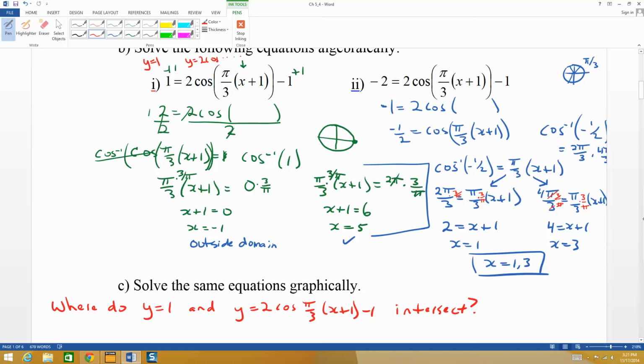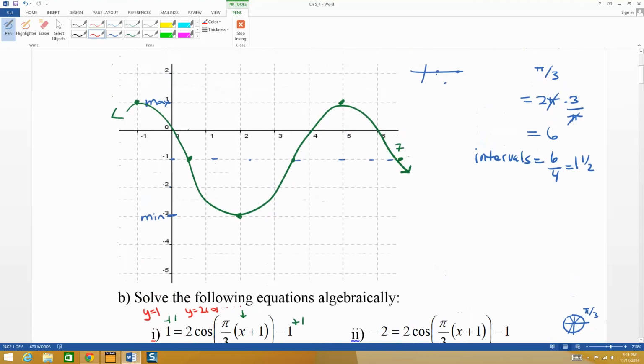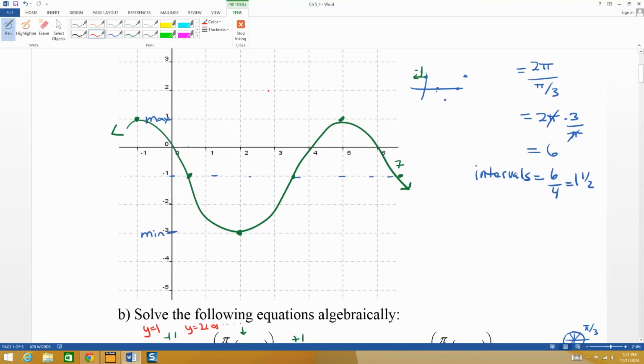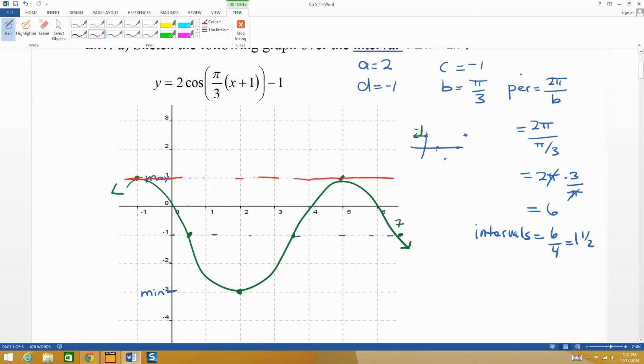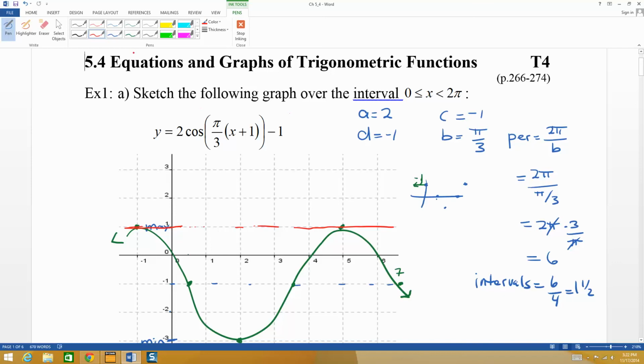So looking back at my graphical solution over here, so if I go up and find where y is equal to 1, y is equal to 1 would be this one right here. Right? Okay. And actually, when I think about with our domain here of between 0 and 2 pi, I made a bit of an error as well.